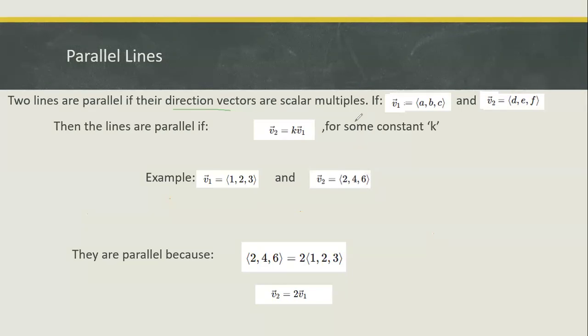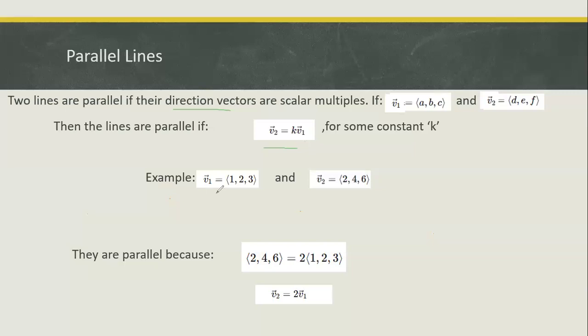That is, if the direction vector V1 is equal to A, B, C, and vector V2 is equal to D, E, F, then the lines are parallel if vector V2 is equal to K times vector V1 for some constant K.